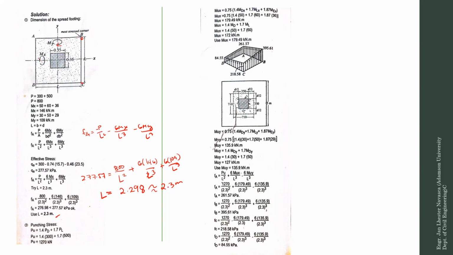So, ito yung compression sa X. Ito yung tension sa Y. Okay? So, ito ay tension. Ito ay compression. Then, kapag ito yung arrow nyo for the Y, therefore, ito yung compression din sa Y. At ito yung side ng tension sa Y.